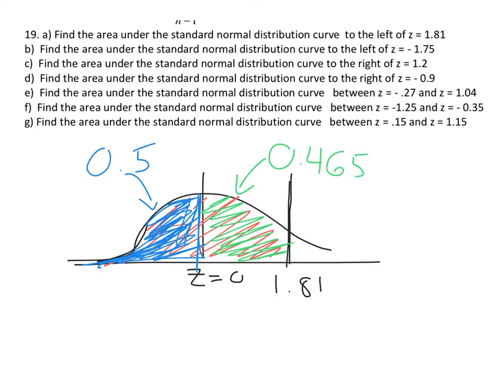Therefore, in part A, for the area under the standard normal distribution curve to the left of z equals 1.81, our red area is going to be 0.5 plus the green, 0.465. Altogether, that's 0.965.